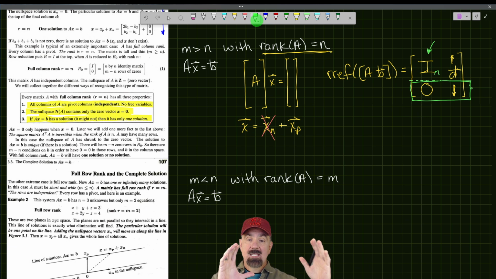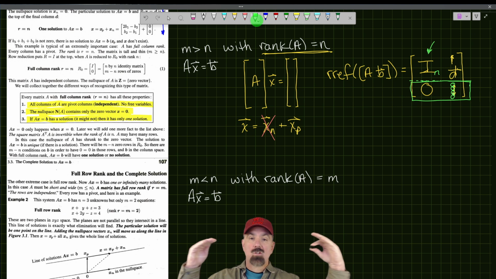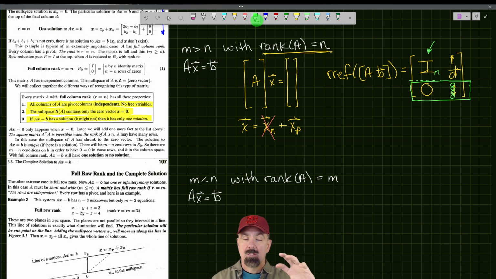So the system is consistent only if all of these values down here are actually 0, so that all of those equations are 0 equals 0, 0 equals 0, 0 equals 0. If not, the system is inconsistent. So this is the general flow of what happens when we have more rows than columns and we have full rank.